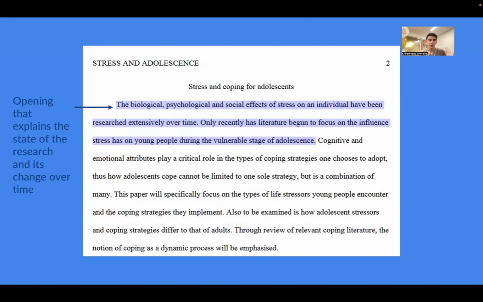So here we have the opening that explains the state of the research and its change over time, right? So the author is explaining that only recently the literature began to focus on the influence of stress on young people.